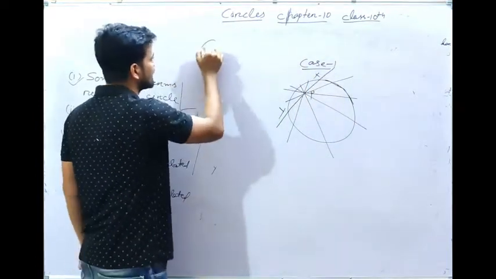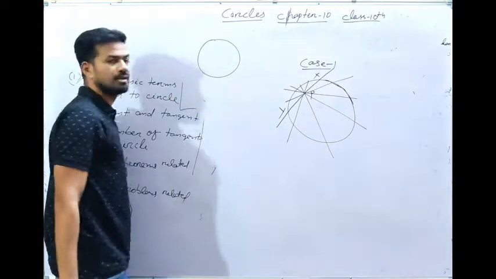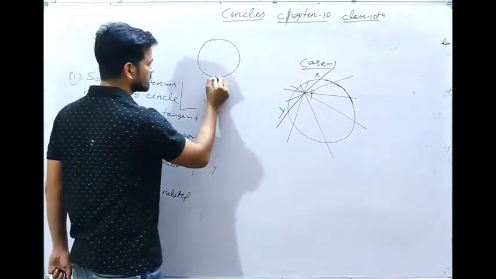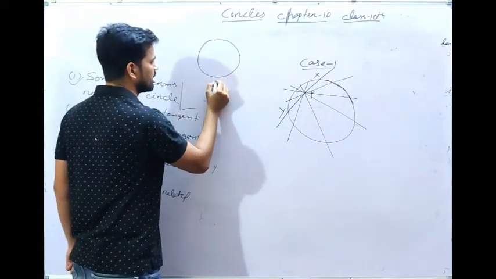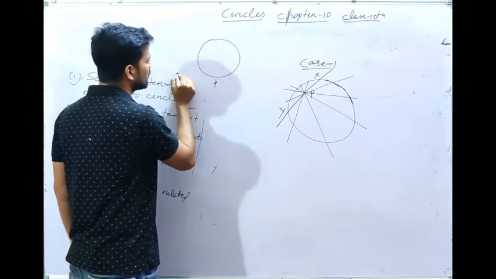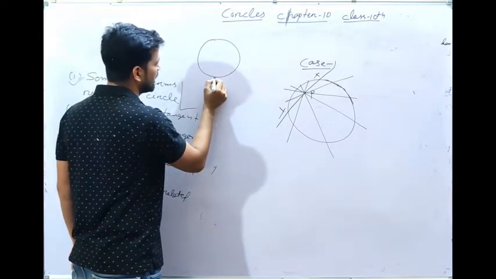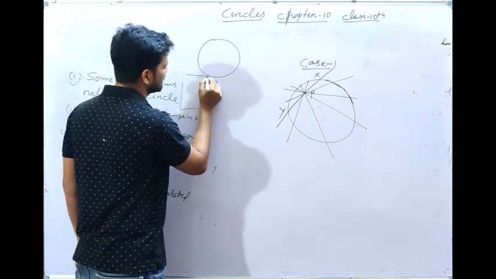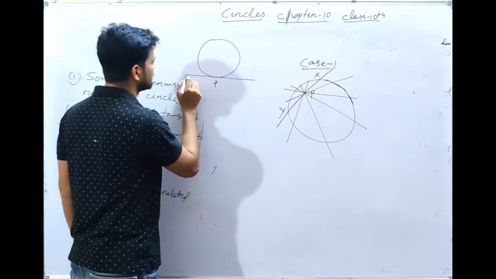Now let us take this circle. So this is the point P. Now what will happen if I want to draw a tangent? Then it will pass through this.